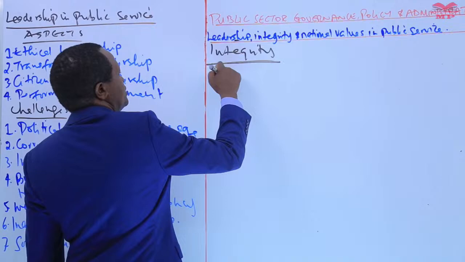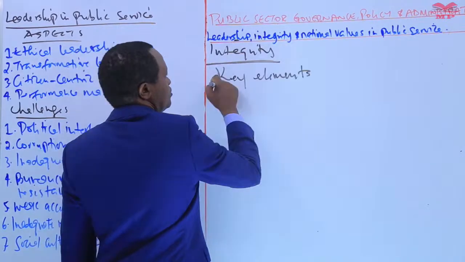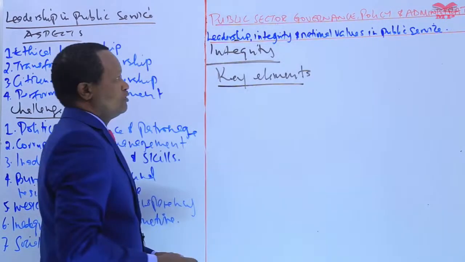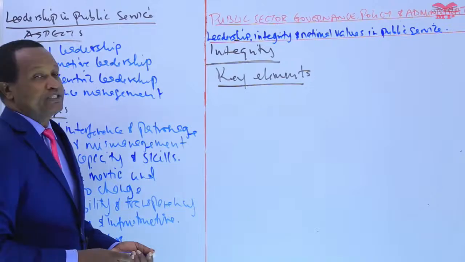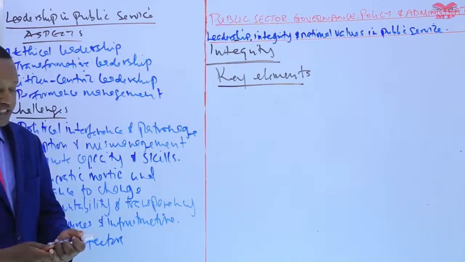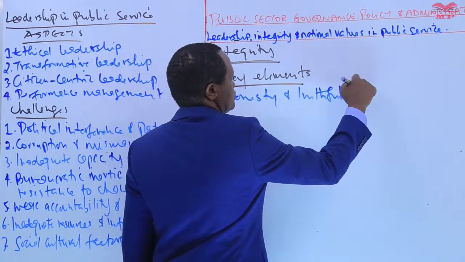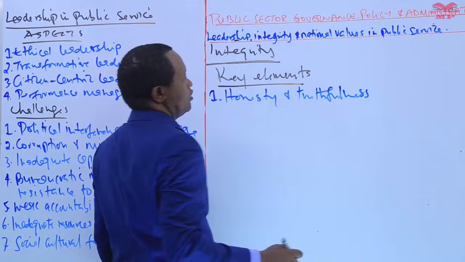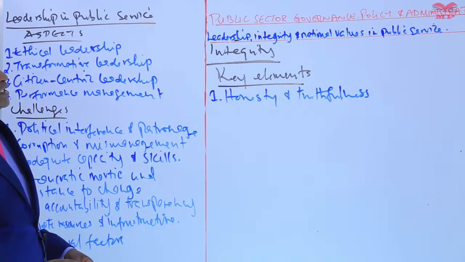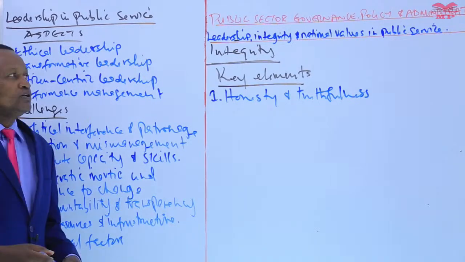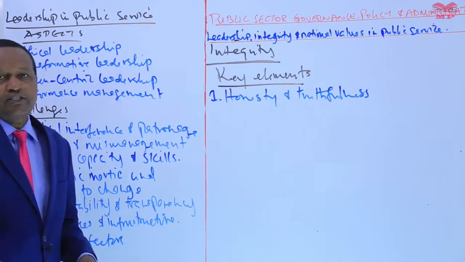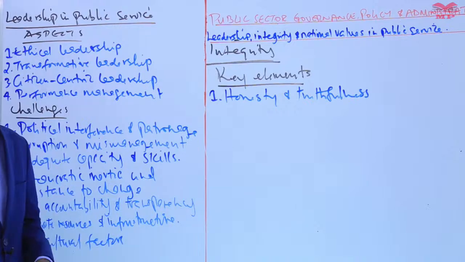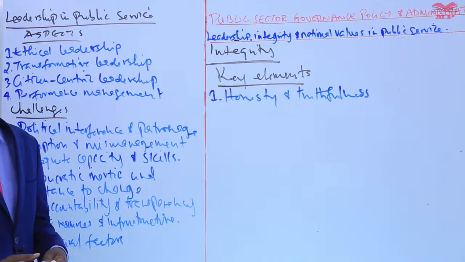Key elements. What are the key elements of integrity in the public service? The first key element is honesty and truthfulness. Public servants are expected to be honest.